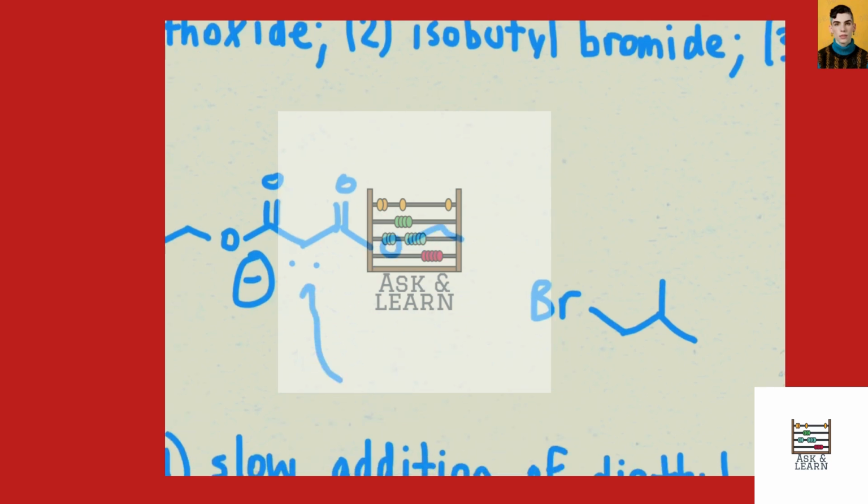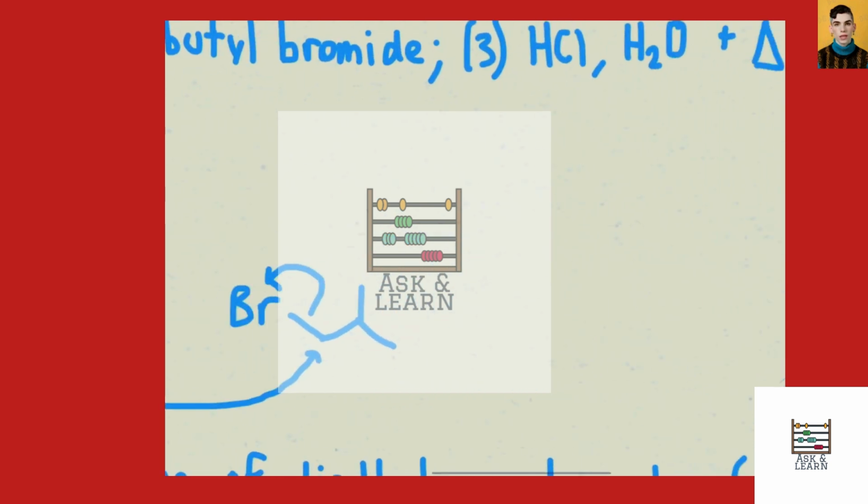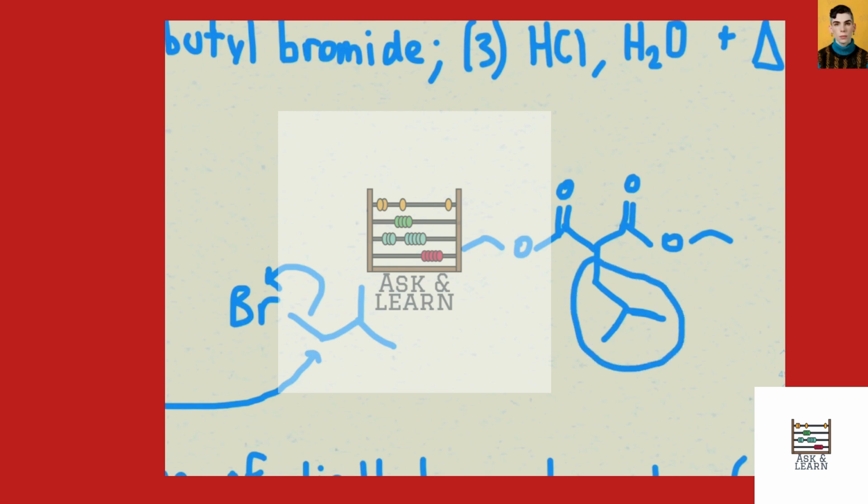Because I have this nucleophilic carbon and this alkyl bromide, I can go ahead and attack this electrophilic site, because if I were to attack that, I can get rid of bromide as a good leaving group. So that's going to form this compound, in which I have my diethyl malonate, like that, but I'm connected to my isobutyl group now. I basically attached an isobutyl group to that central carbon.